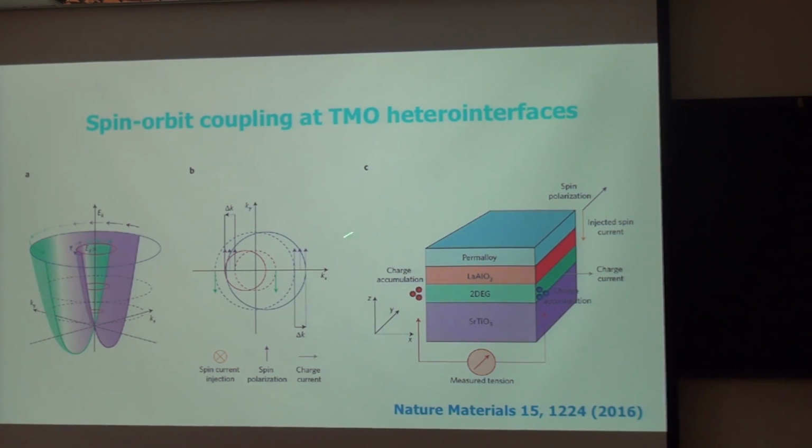And in this system, experimentally, we have realized spin to charge conversion in this transition metal heterointerface. We have injected a spin polarized current, and the output is a charge accumulation at the interface. The physics behind this phenomenon is spin orbit coupling, that is, the Rashba effect at the heterointerface.